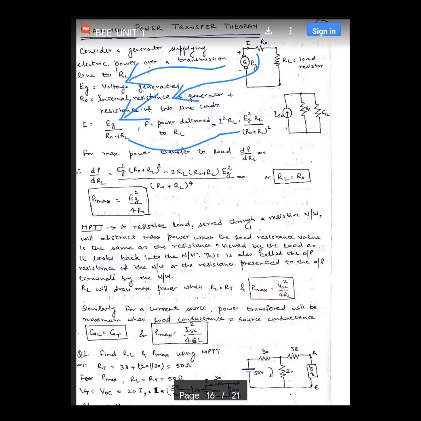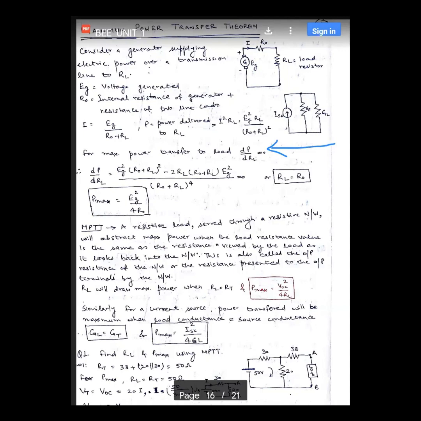But our main agenda is that the power transfer should be maximum. To make the power transfer maximum, we do the first order differentiation with respect to the variable and set it to 0. So what is the variable resistance here?